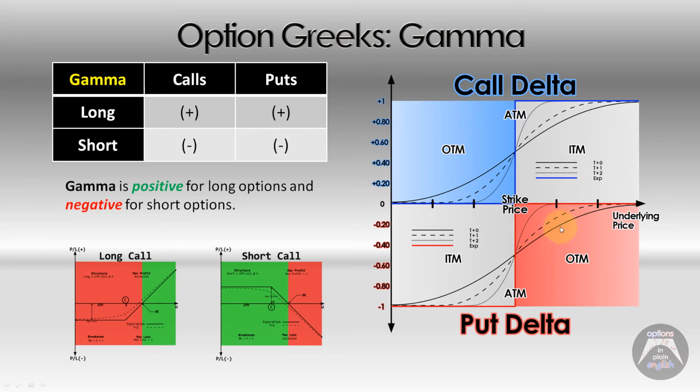Now you're not going to benefit by 20 cents out of every dollar that it moves in your way, but by 50 cents for every dollar that it moves your way. This is how gamma is reflected in the graph of delta. Notice how I'm not showing gamma here, I'm just showing delta, but gamma is the reason why delta changes as price changes.